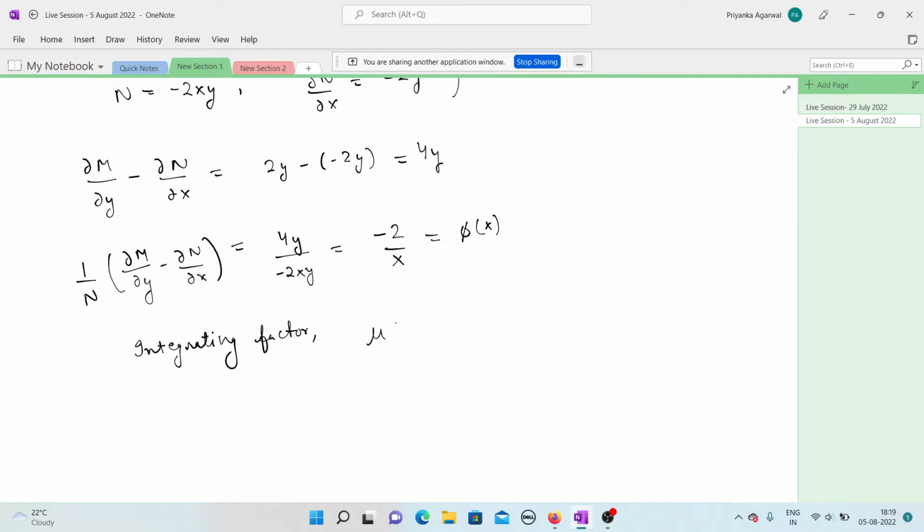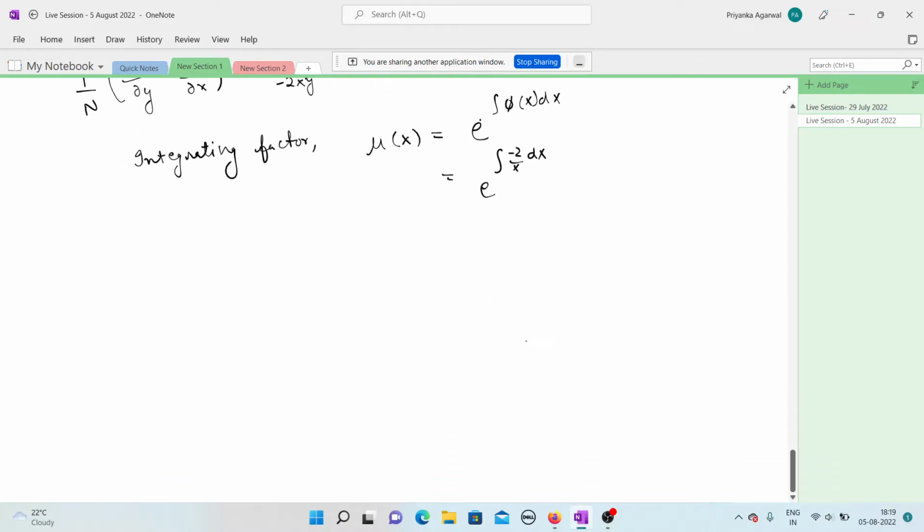So what will be the integrating factor in this case? mu of x can be written as e to the power integral of minus 2 over x dx.